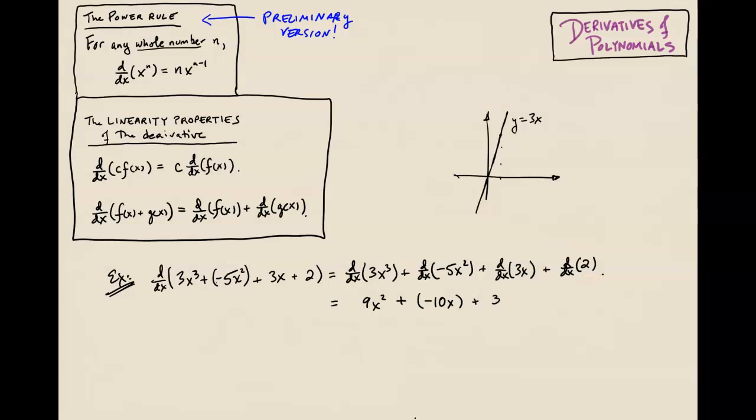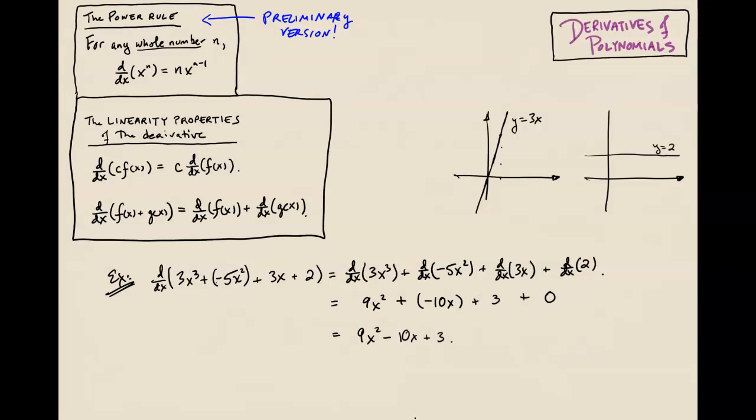Think about it geometrically. The graph of any constant function, such as y equals 2, is a horizontal line. That means for any input value of x, the local slope is 0. So of course, the derivative of any constant function, whether it's y equals 2 or y equals 17, is 0. Clean this up a bit, and we get 9x squared minus 10x plus 3. And our work is done.